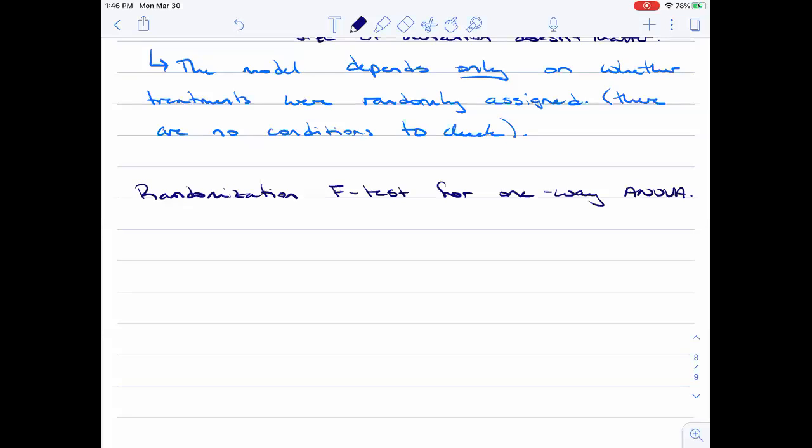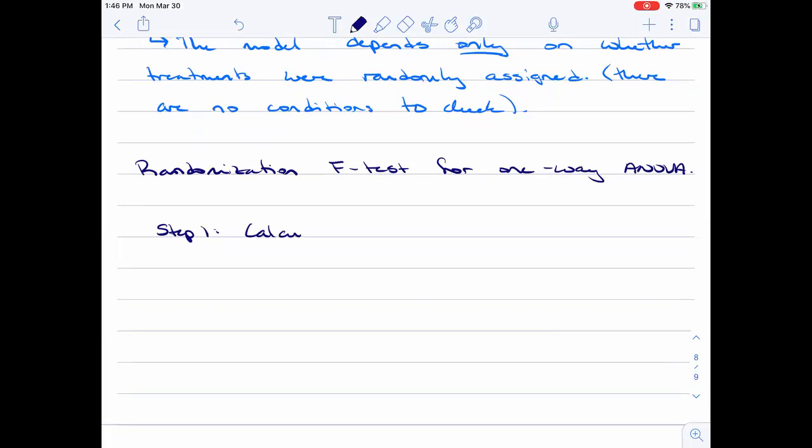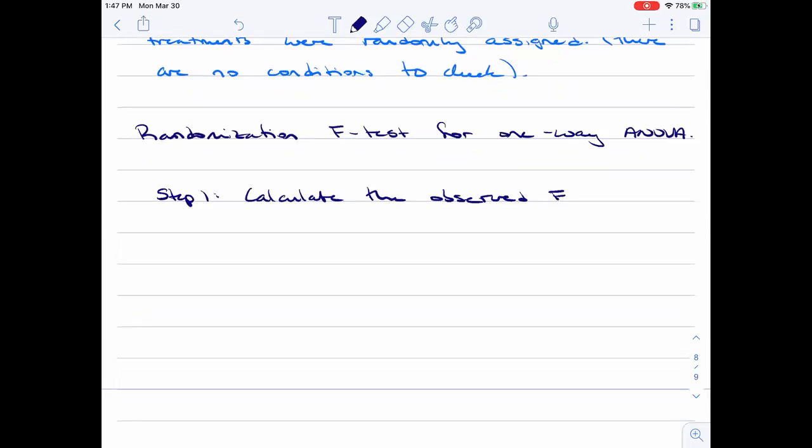Basically, we generate a bunch of F's. Step one, calculate the observed F of your data. This is what we'll call F observed.